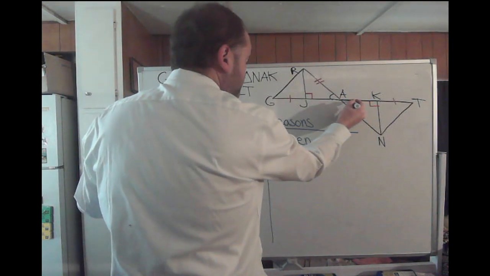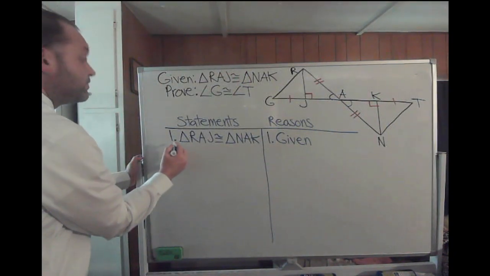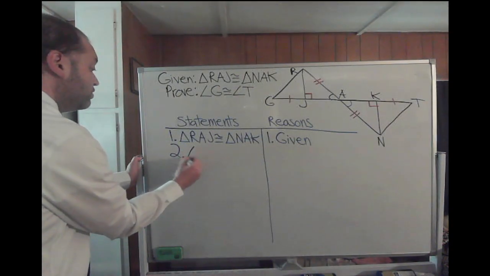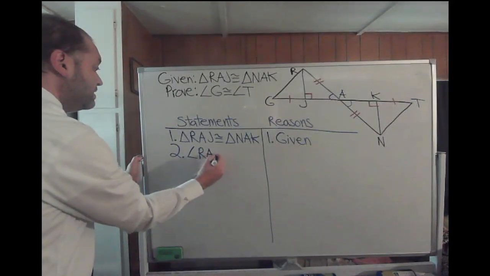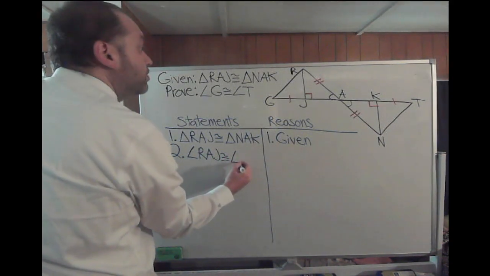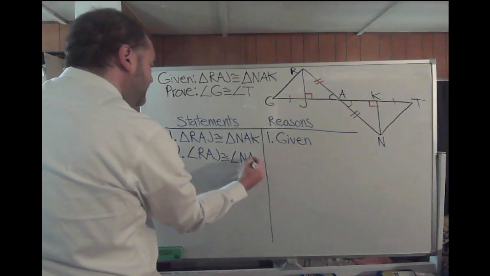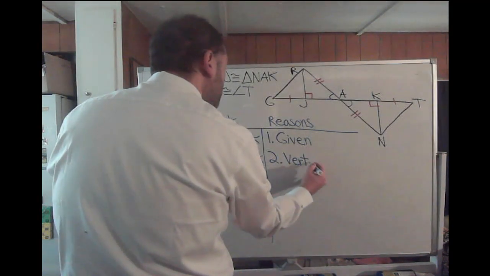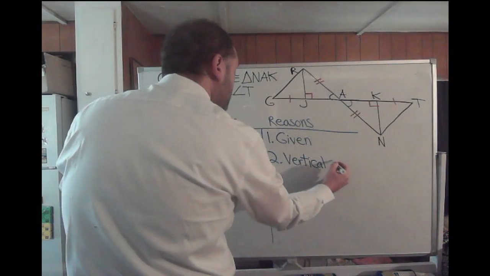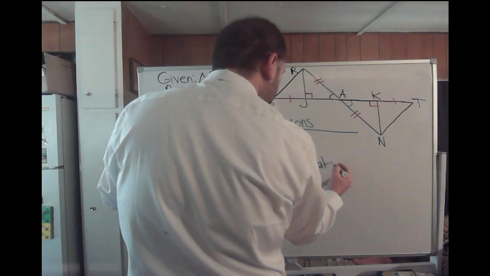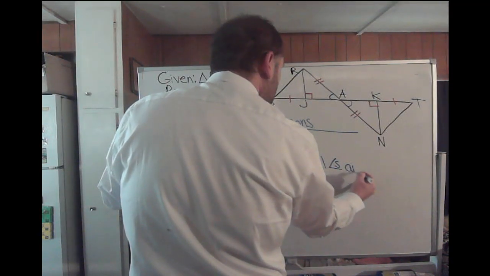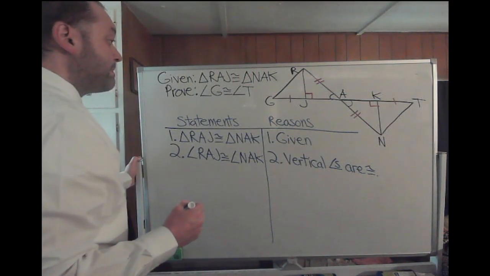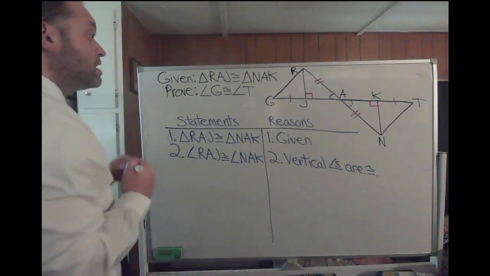And we know that vertical angles are congruent, so we can now say that angle RAJ is congruent to angle NAK by vertical angles are congruent. Alright.